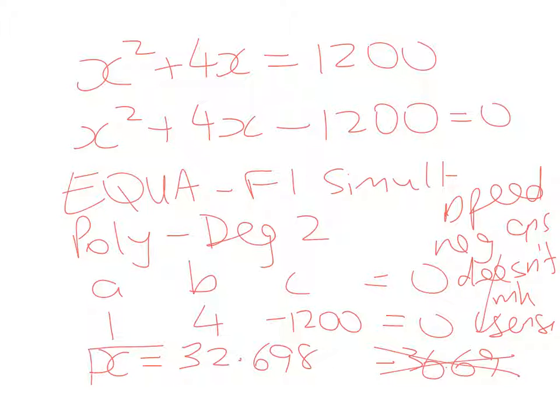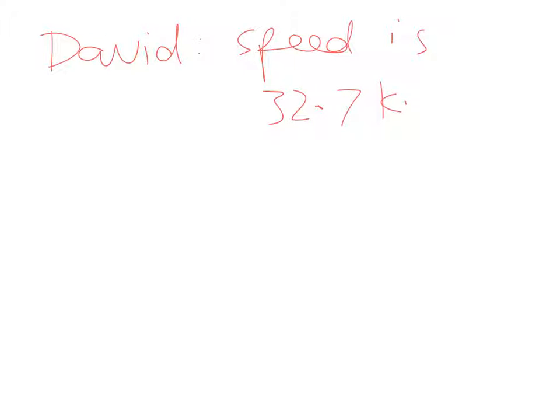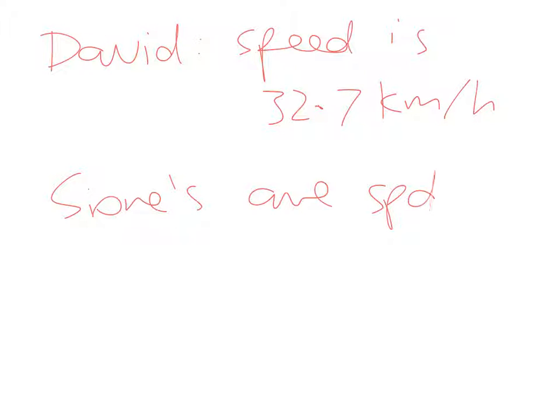So we're going to say David's speed is 32.7 kilometres per hour. Average speed is 32.7 kilometres per hour. Sione's average speed must be 36.7 kilometres per hour.